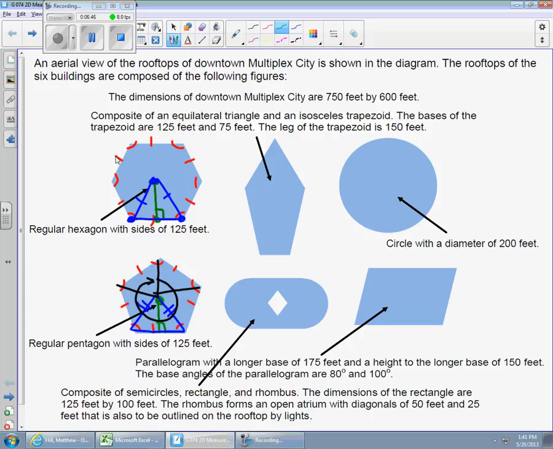So let's have a look at that real quick. It says it's composite, consisting of an equilateral triangle and an isosceles trapezoid. Well, I think everybody can clearly see the division line that the composite shape is making. So you have an equilateral triangle up there, and then an isosceles trapezoid. A trapezoid, of course, establishes that in this quadrilateral underneath, there is exactly one set of parallel sides.